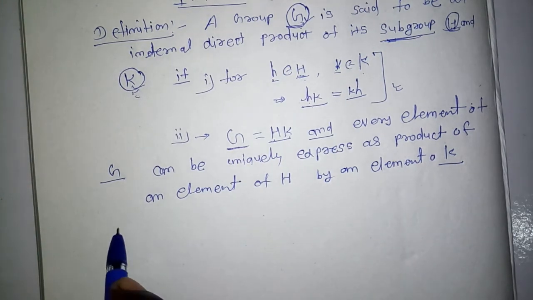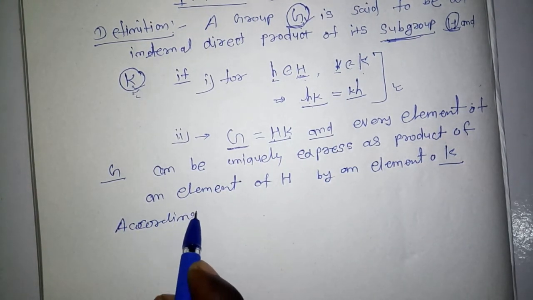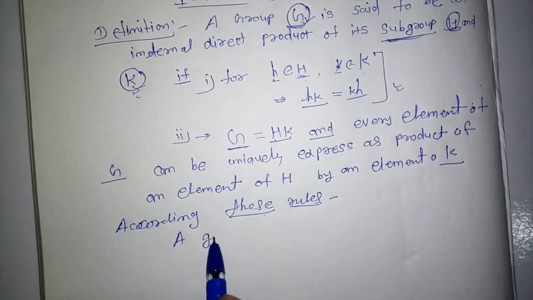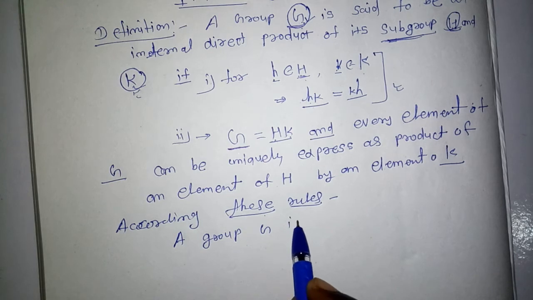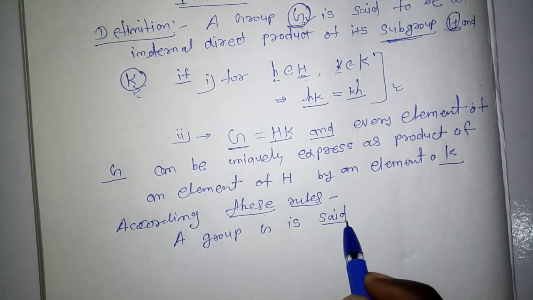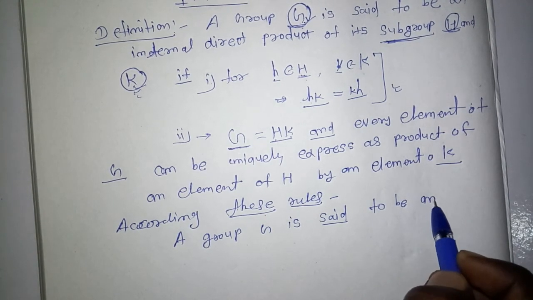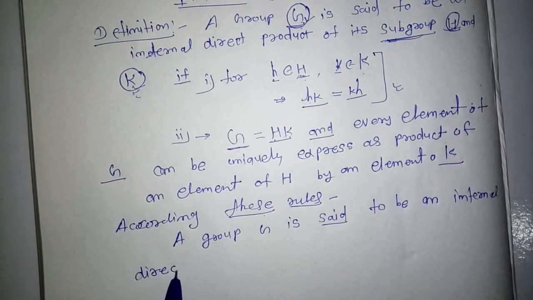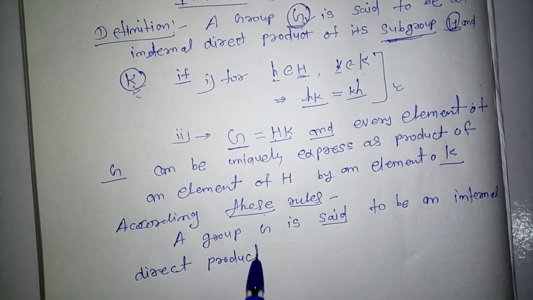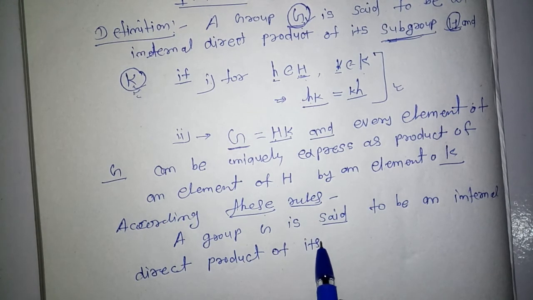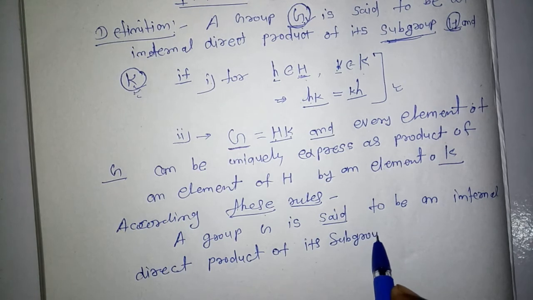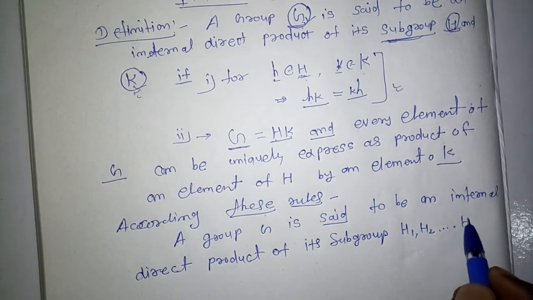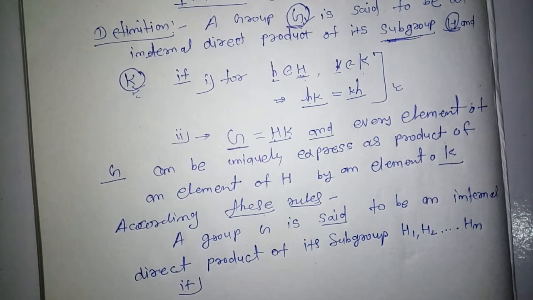According to these rules we can say that a group G is said to be an internal direct product of its subgroups H1, H2, ..., Hn, if two conditions apply here, students.